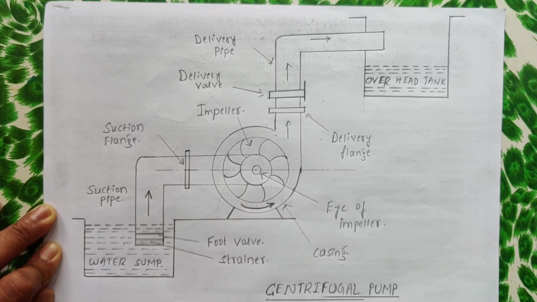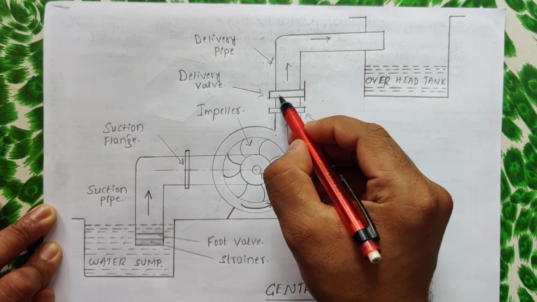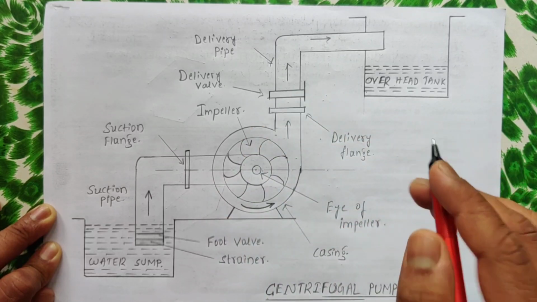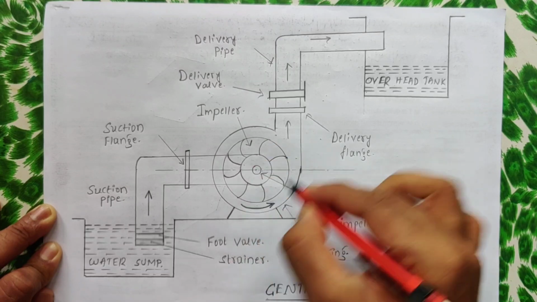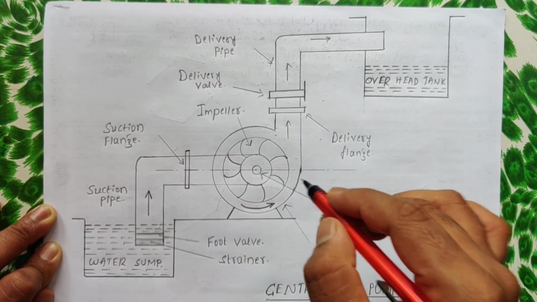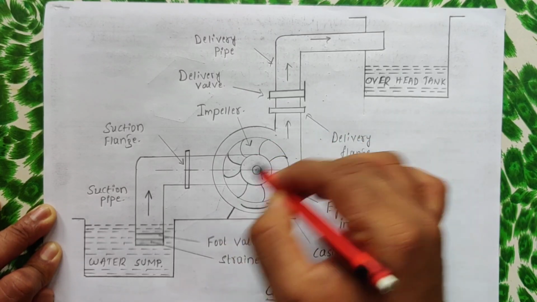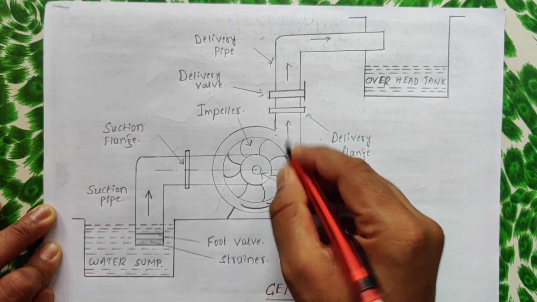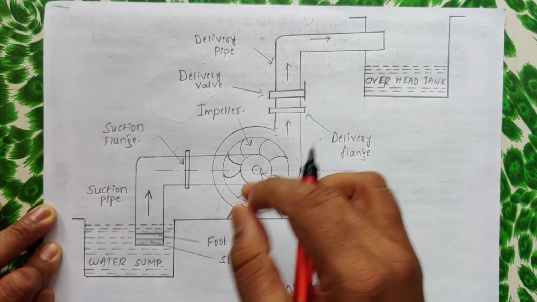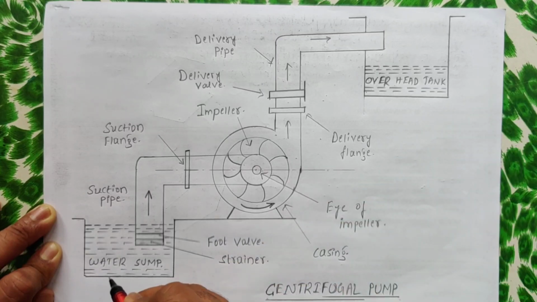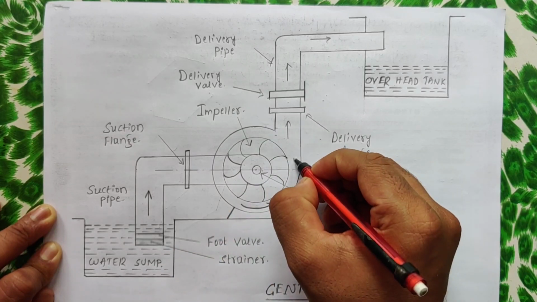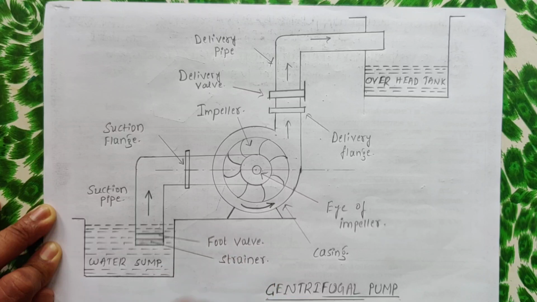Initially the delivery valve will be closed. When we switch on the motor, the impeller starts rotating. Once the impeller starts rotating, a low pressure area, a kind of vacuum, is created here. In the water sump, initially it will be at atmospheric pressure, so compared to this low pressure area the pressure there will be more.